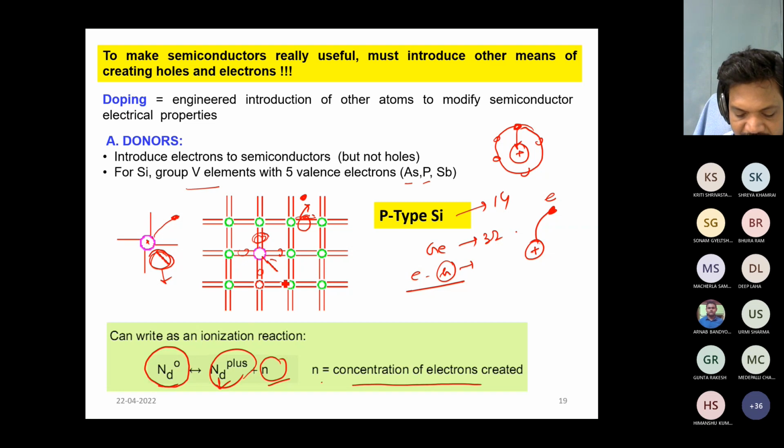so as compared to an intrinsic semiconductor, in which the carriers are generated only through the generation of electron and hole pairs, here we are getting the electron as a charge carrier without generating holes.